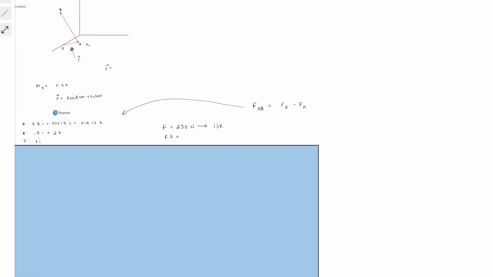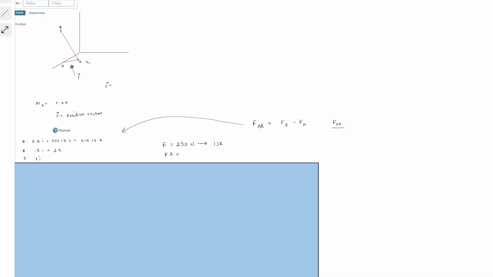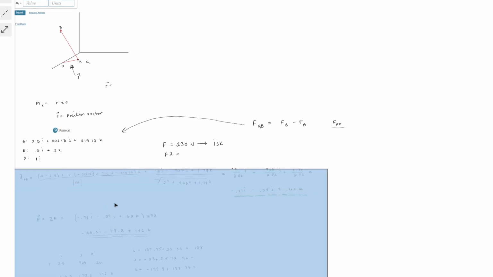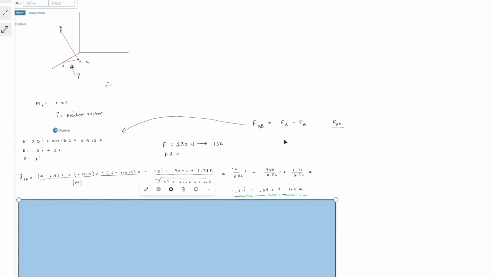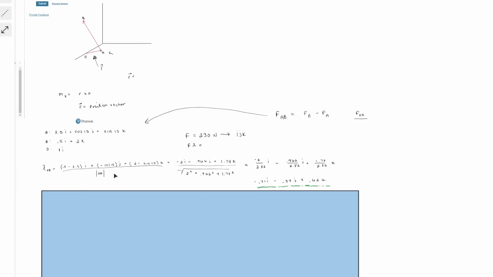And what lambda AB is, is the vector AB over the magnitude of AB.